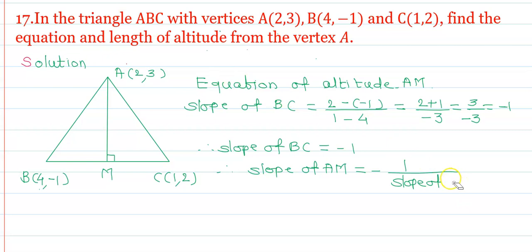Sorry, the slope of BC is minus 1, so minus 1 upon minus 1 is 1.